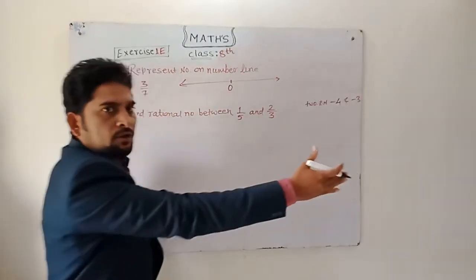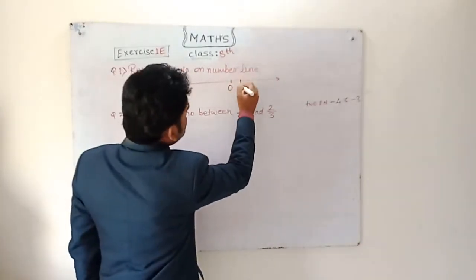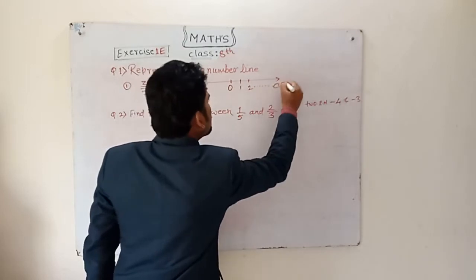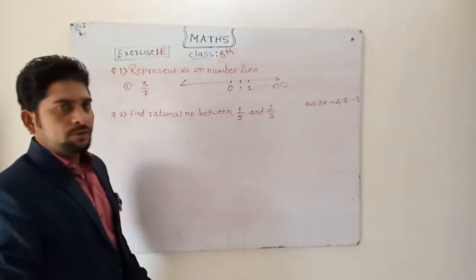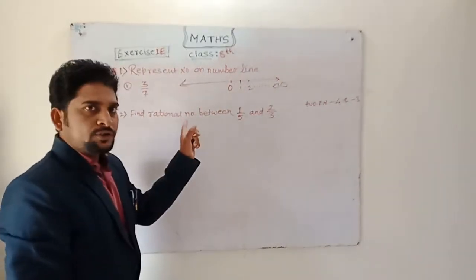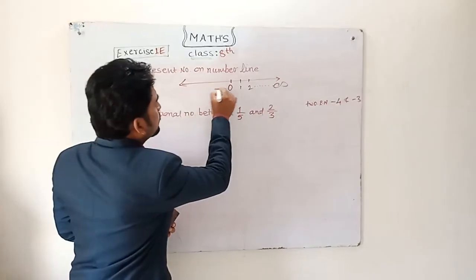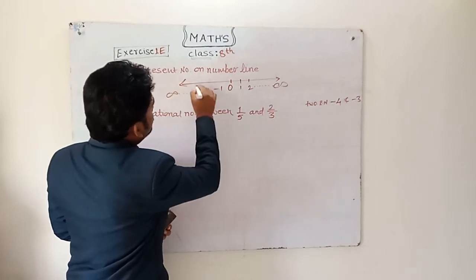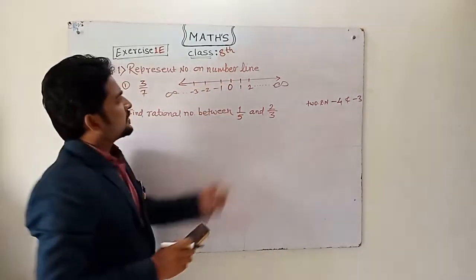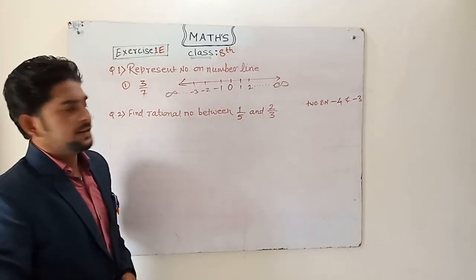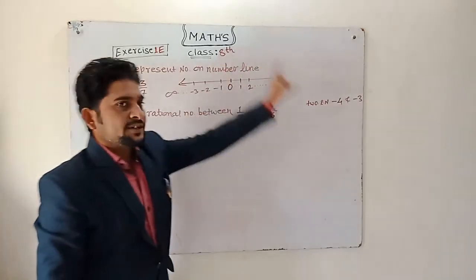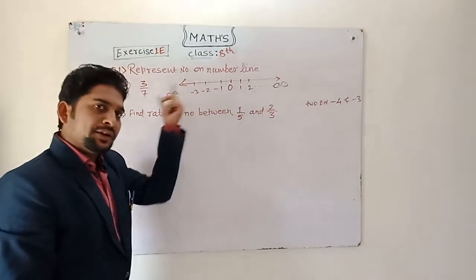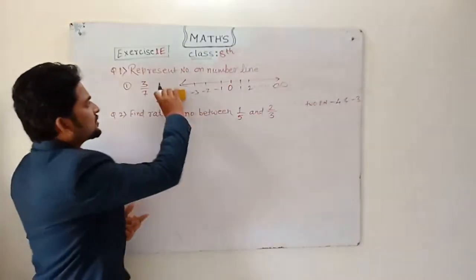On the right side of the 0 all numbers are positive: 1, 2, 3, and so on up to infinity. Left side of the 0 all numbers are negative: -1, -2, -3 up to infinity. This is the number line in front of you. Keep in mind, right side of 0 is positive and left side is negative.